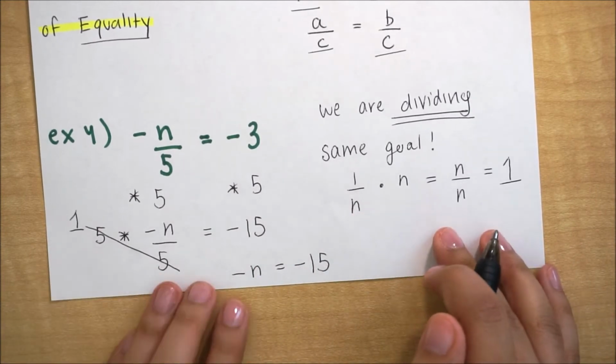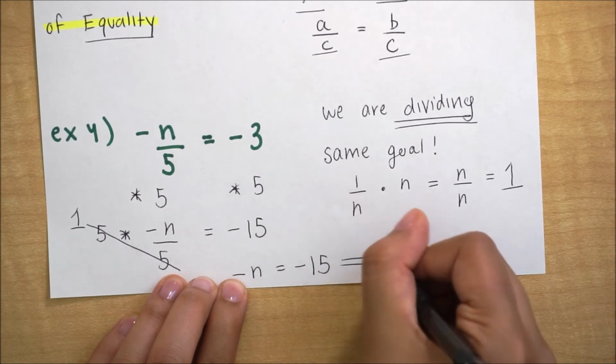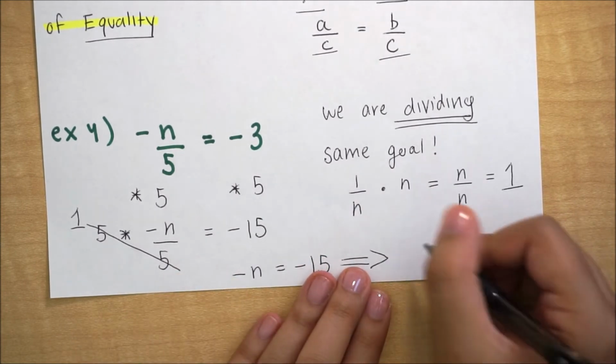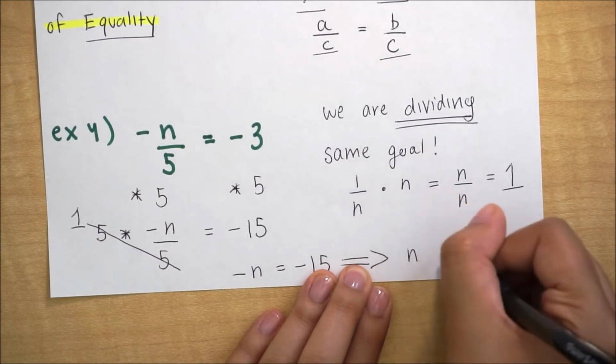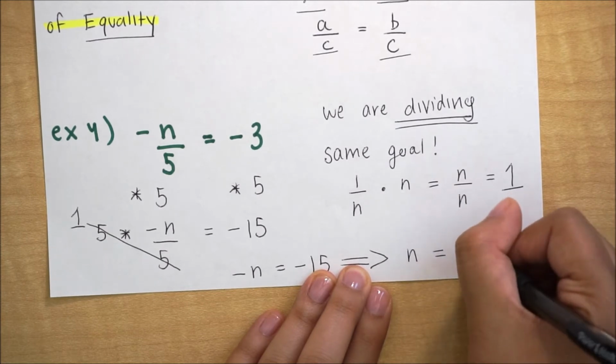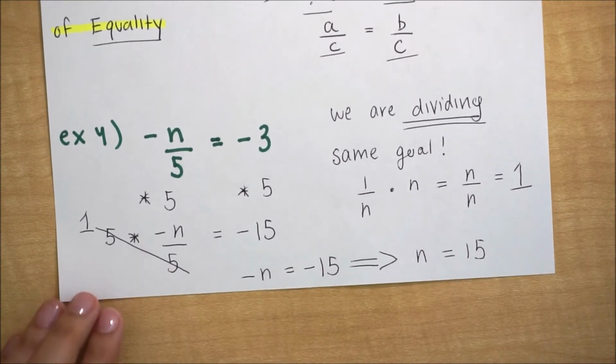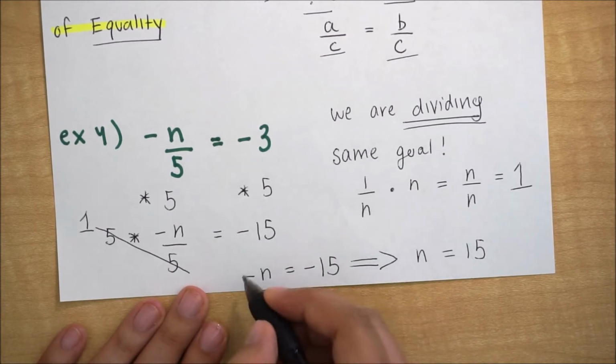However, n is not independent. It's not alone. It has a negative sign in front of it. So since both sides are negative, we can just say n is equal to 15. How did we get that? Since there are 2 negatives on both sides of the equal sign, I can just go ahead and make them positive.